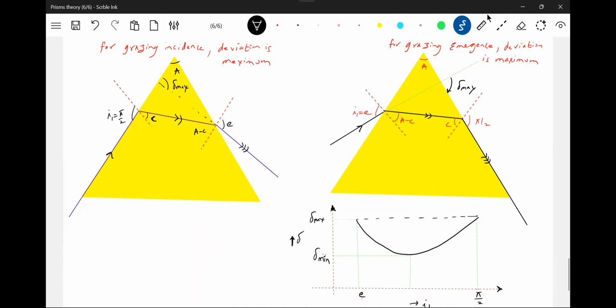Okay, and the curve is not symmetrical. This angle is not equal to the other; you can see this part of the curve. These two are not symmetric. If you measure this angle, delta theta 1, delta theta 2 is greater than delta theta 1.